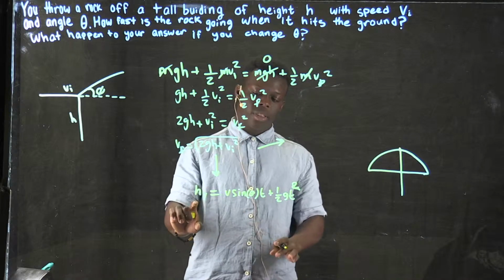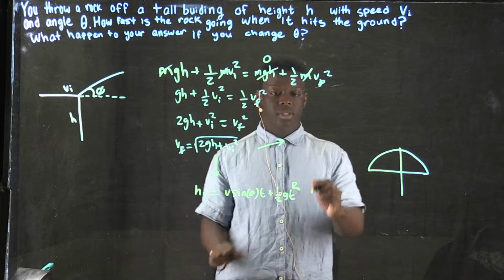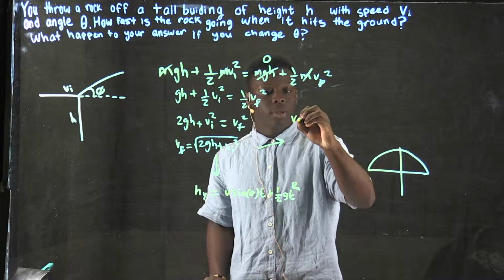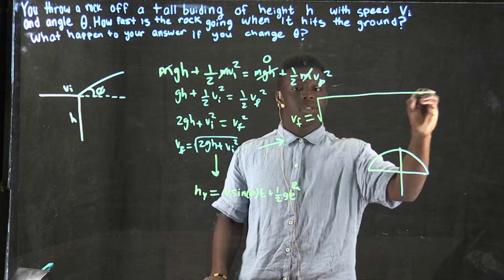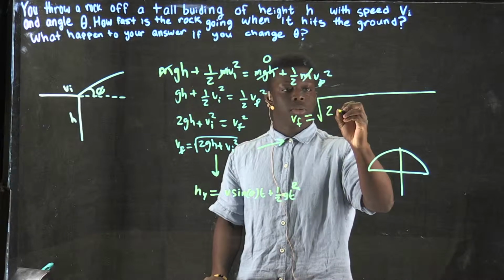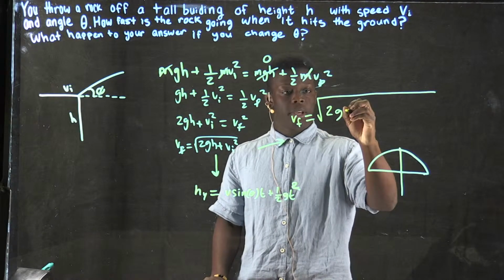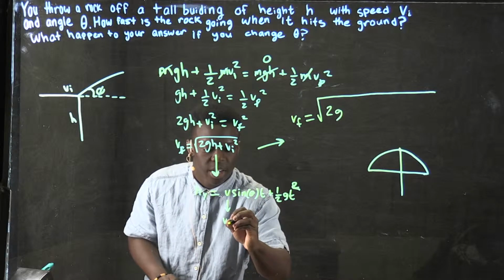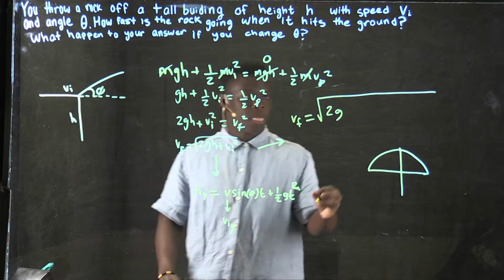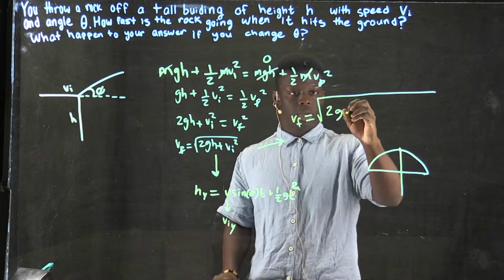We just have to plug in this h with respect to y into this final VF formula. So VF is equal to the square root of 2g, plug it in. Oh, and I forgot to mention this u right here is nothing but our VI with respect to that y. So now we're good to go.